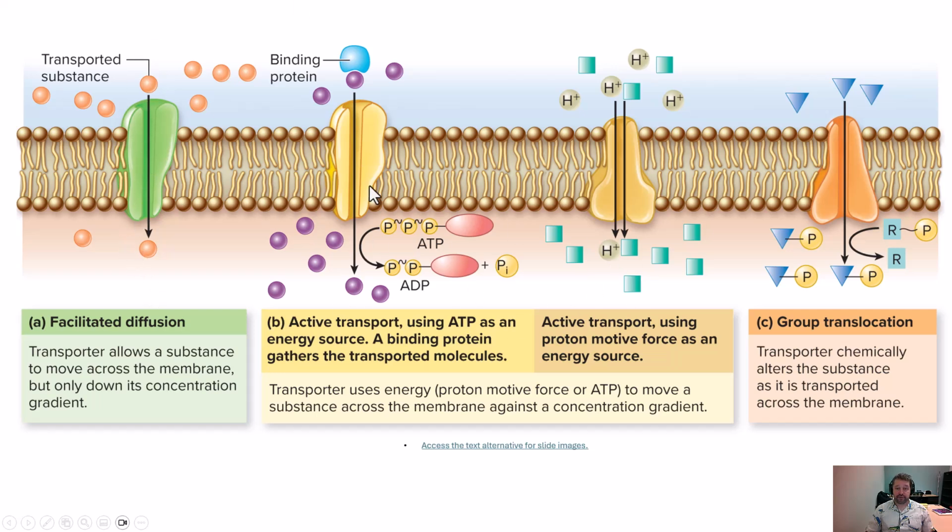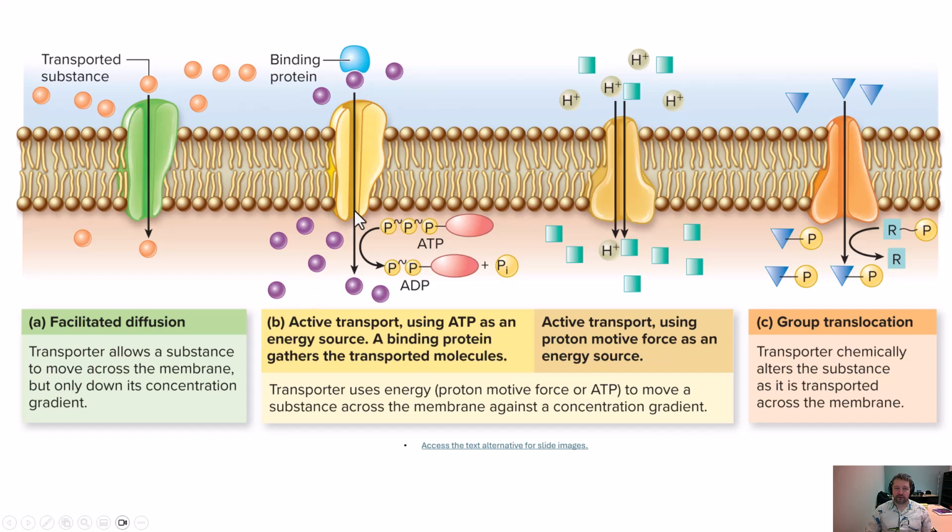Okay, you have active transport, which most of you probably have heard of before. Active means that it's utilizing some energy source. There are a couple of ways in which active transport works. One, you can utilize ATP, so the third phosphate group of ATP is used to energize the protein, which would allow that substance to flow through.